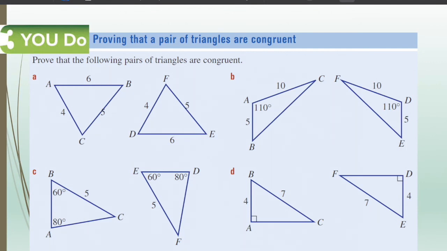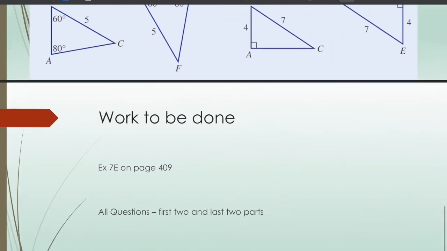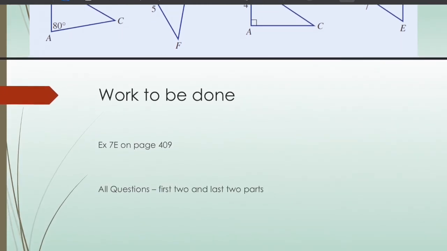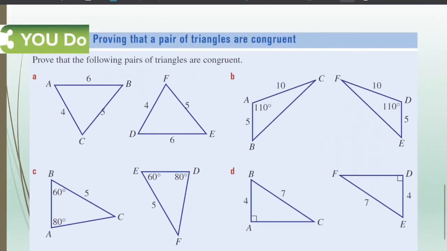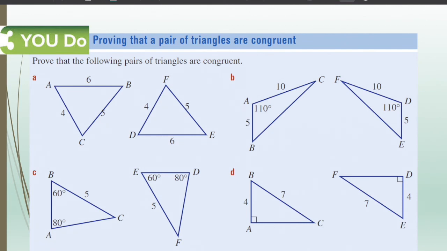After you finish this, check the solutions and then get started on these questions. Again, we're doing first two and last two parts. And then if you just hang on for about 10 more seconds, there'll be a screen that has the solutions to these four questions. But yeah, get started on your work, guys.